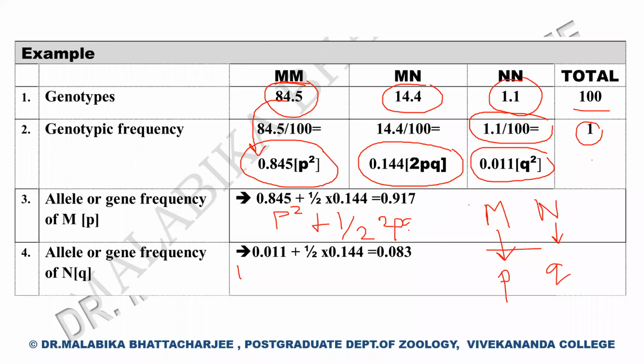In the next one, I calculate q square plus half of 2pq, and I get a value of 0.083. If you add these two up, this will also give you 1. So remember, p plus q is equal to 1. This is with respect to allelic frequency.